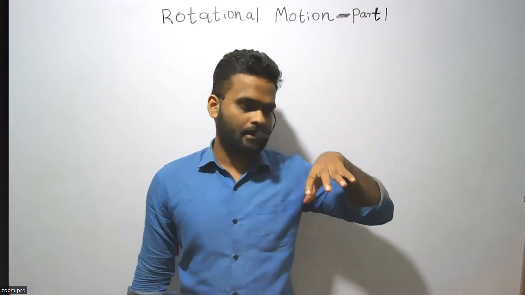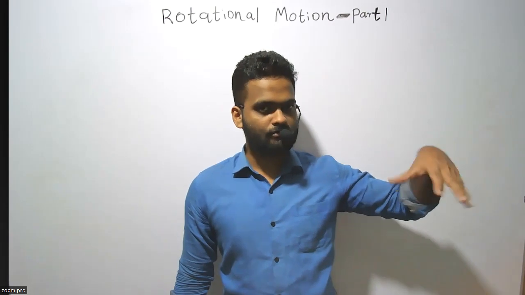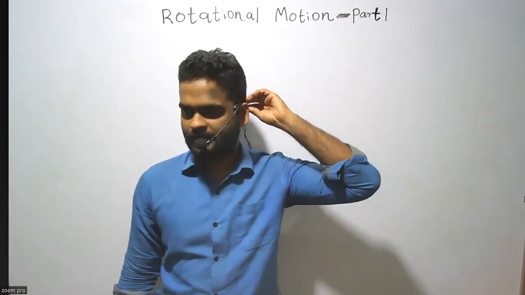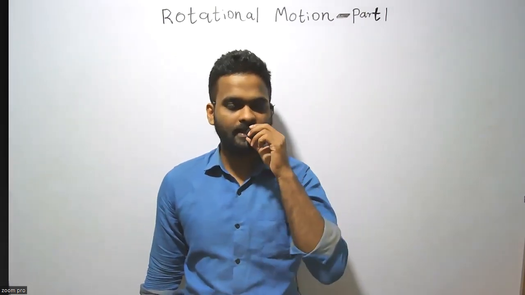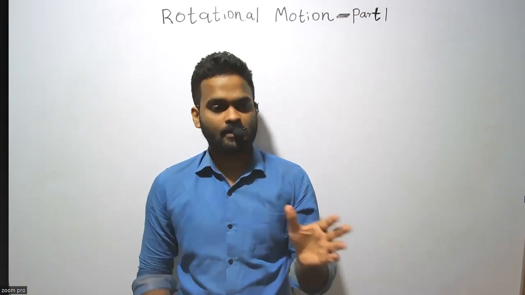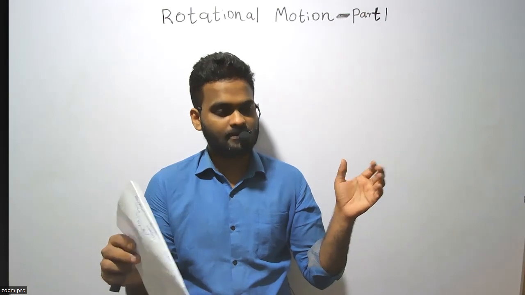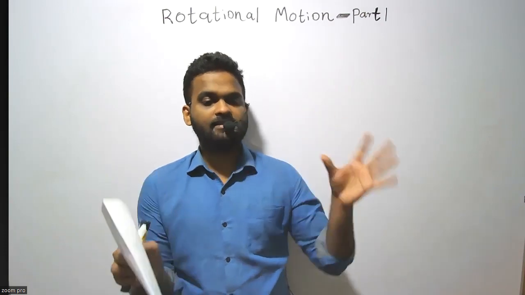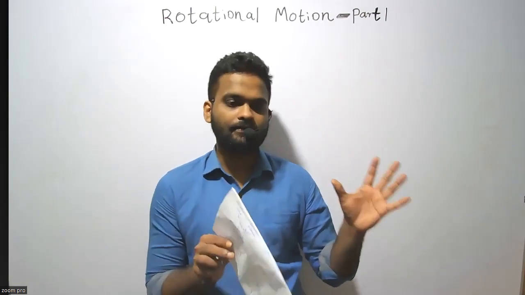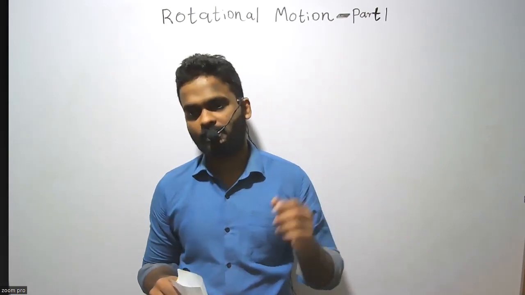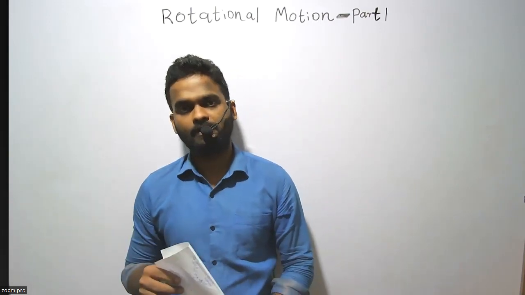Inertia means reluctance to move, or reluctance to give something an acceleration. So if we have an object with higher mass, to change its motion is difficult, right? So that's why we use mass in F equals ma.